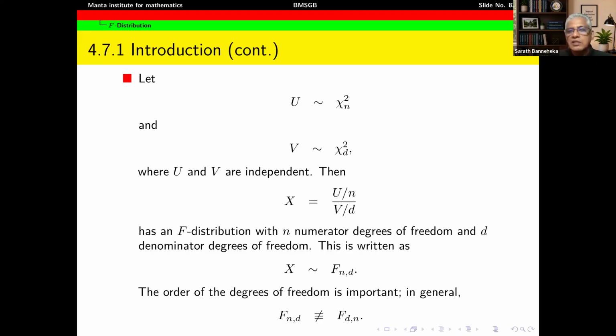Therefore, F_{N,D} and F_{D,N} are not equal or equivalent in general.